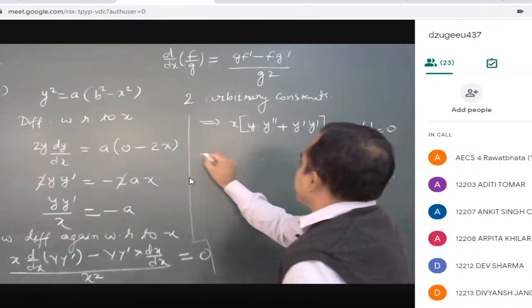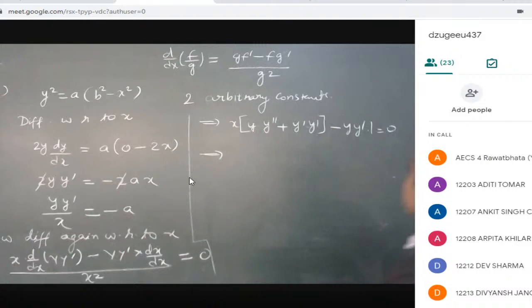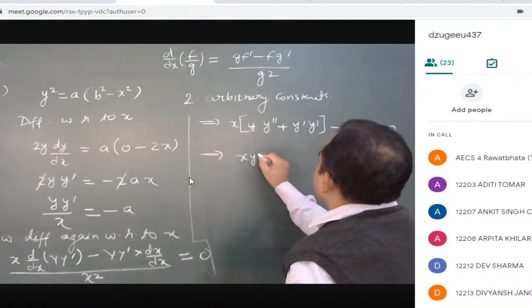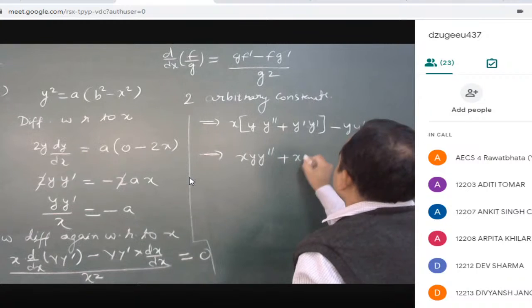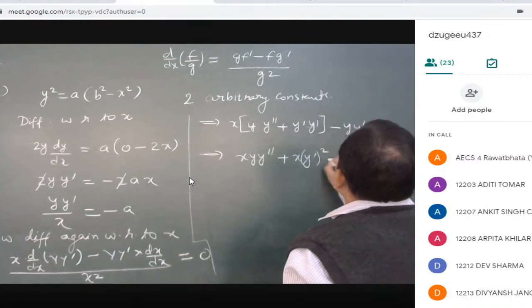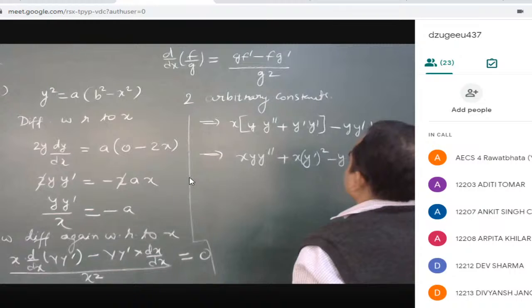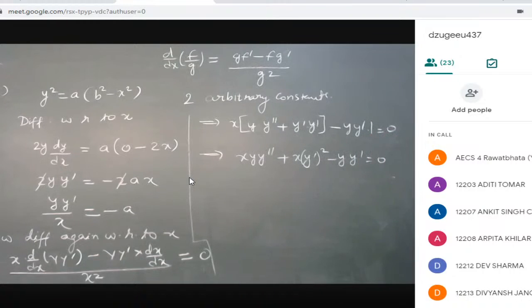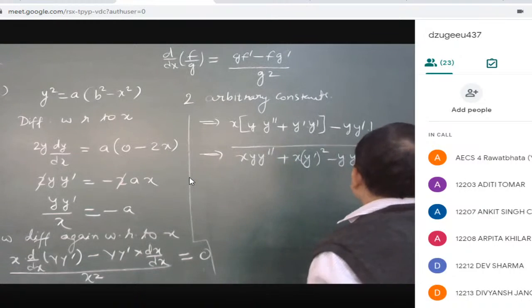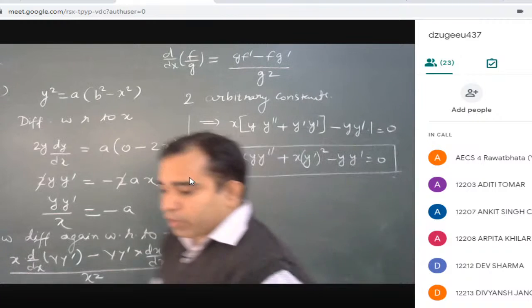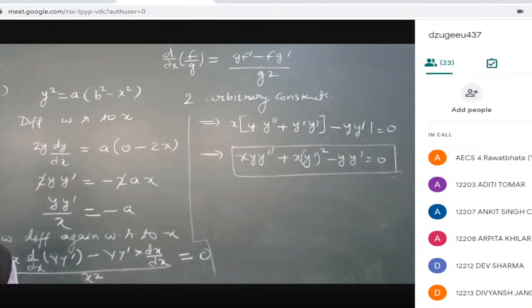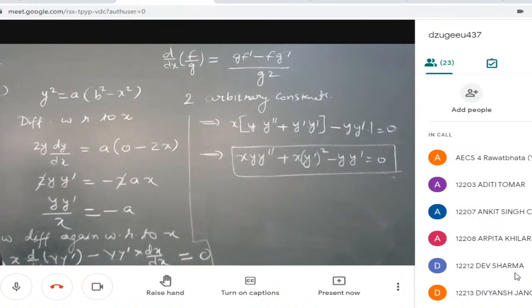Cross multiplied, and here I receive my final answer: x y double dash plus x y dash square minus y dash is equal to 0, right? Nothing can be cancelled. This should be the final answer. Please check it and tell me, Aman, whether this is right or not. I hope it should be right.